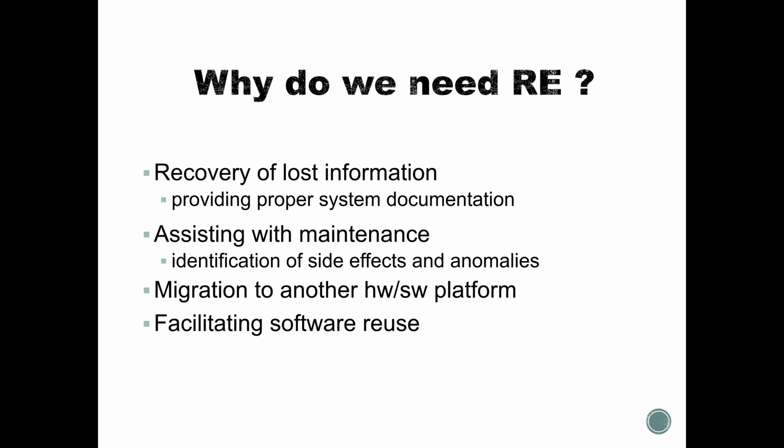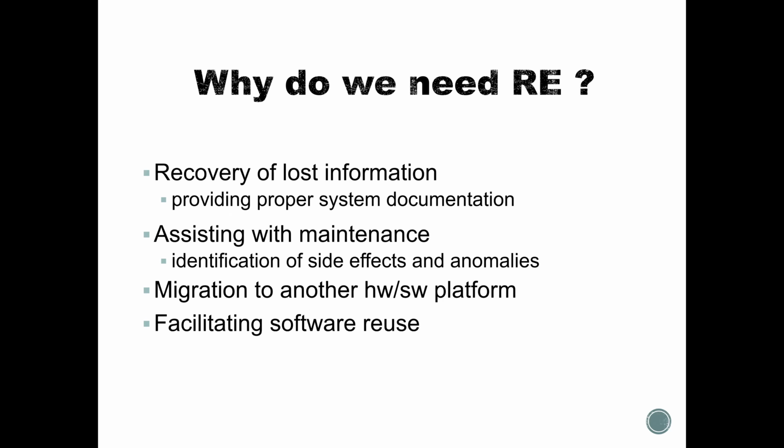We can also identify the side effects and anomalies with the help of reverse engineering. Another reason is migration to another hardware or software platform. If there is a migration from one operating system to a different operating system, or from one software platform to a different software platform, or one hardware system to a different hardware system, in that scenario also we need reverse engineering.